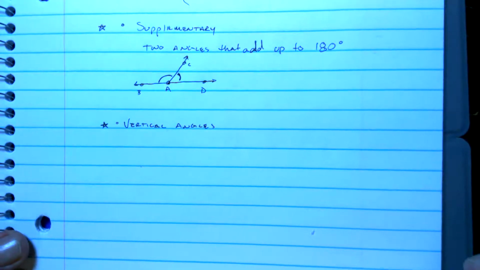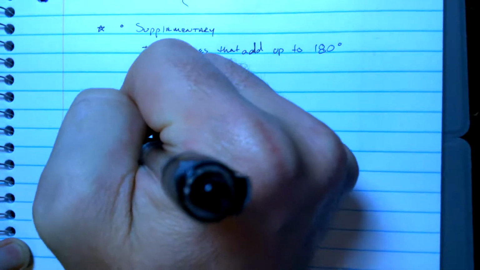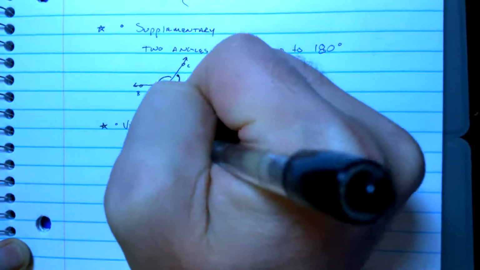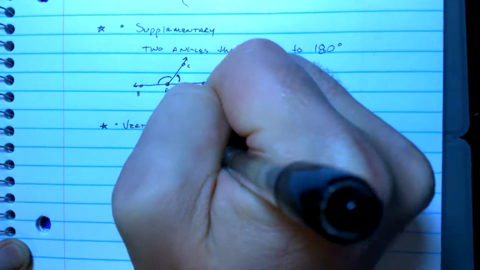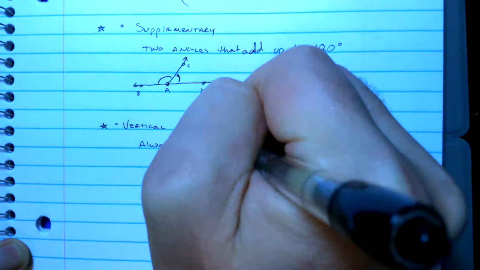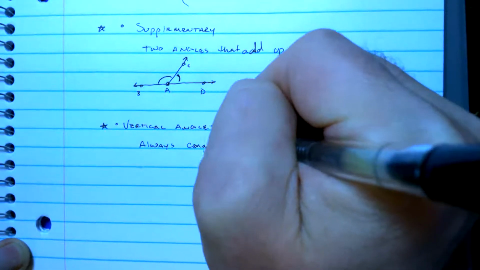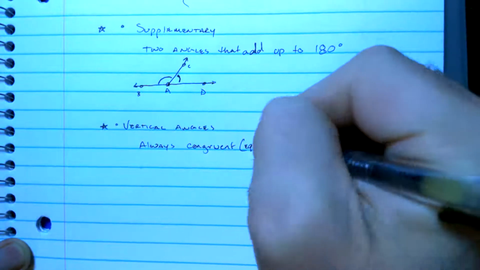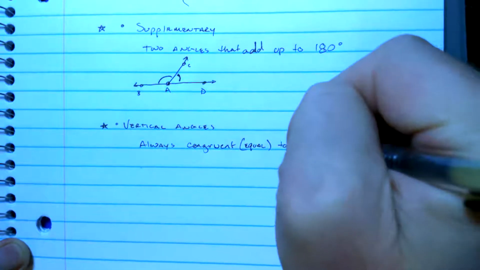Okay, so vertical angles are always congruent, right? That means equal. Vertical angles are always congruent to each other.